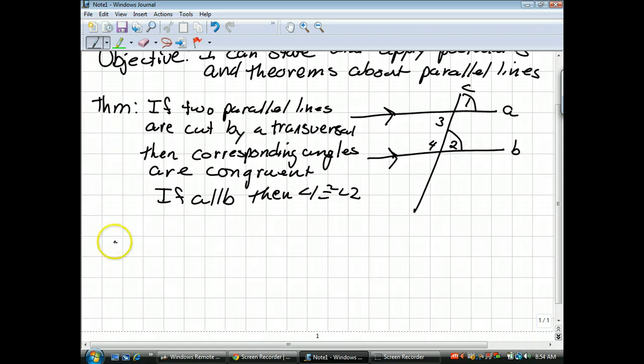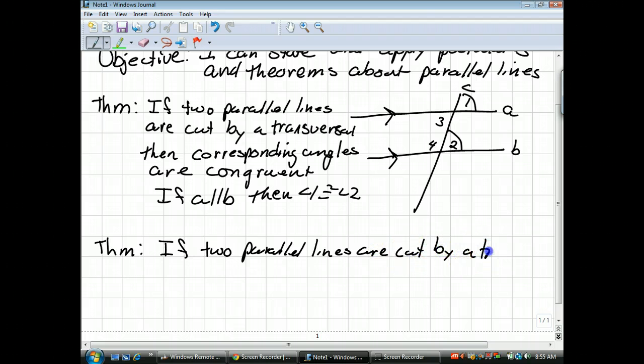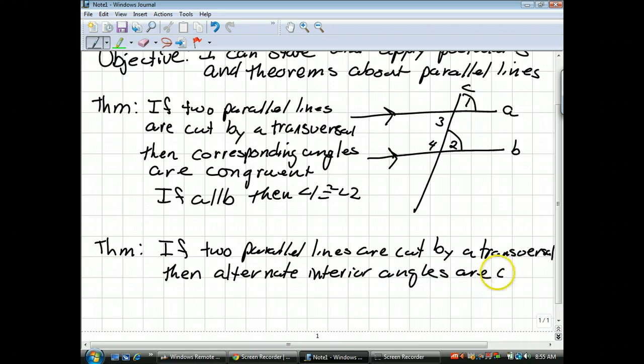Okay? Our second theorem says if two parallel lines are cut by a transversal, then alternate interior angles are congruent.